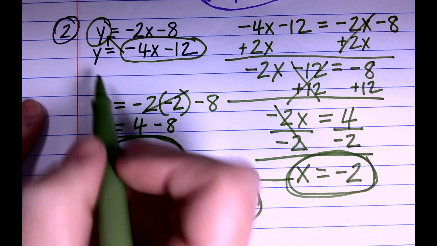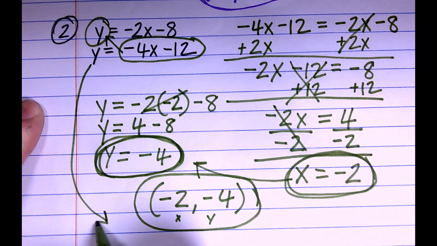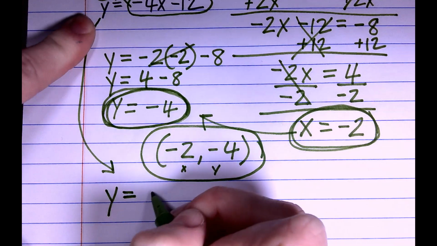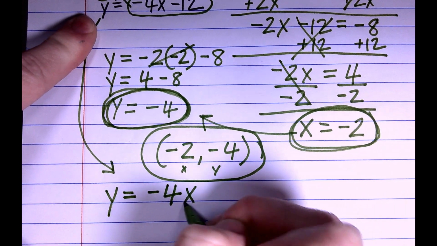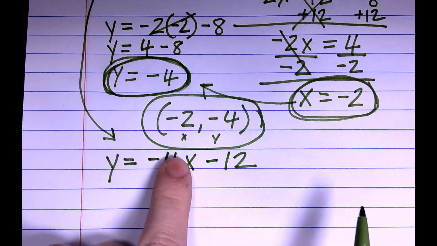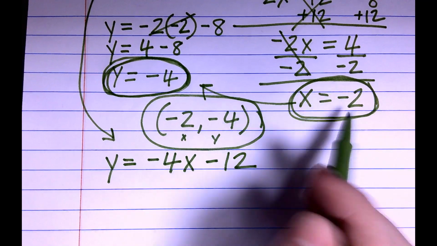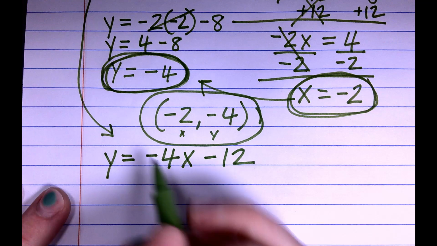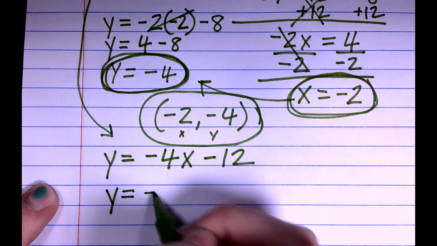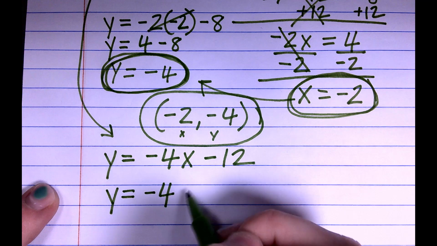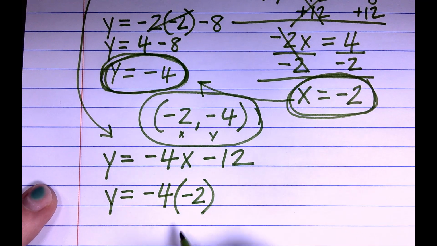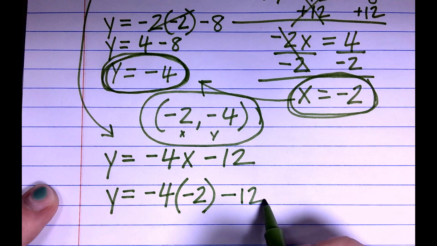Okay, so let me rewrite what you did. So y equals, we're using negative 4x minus 12. Okay, so instead of x, we're going to put the value that you found, negative 2. So when we rewrite this, we should have y equals negative 4 times negative 2 minus 12.